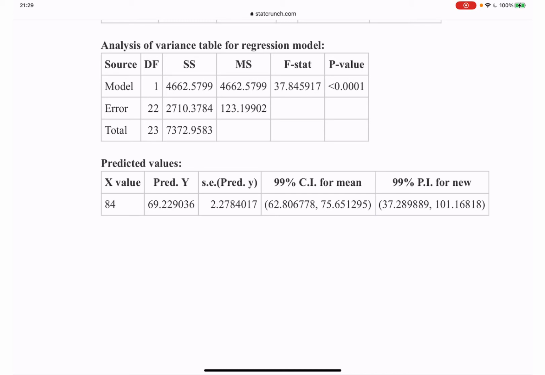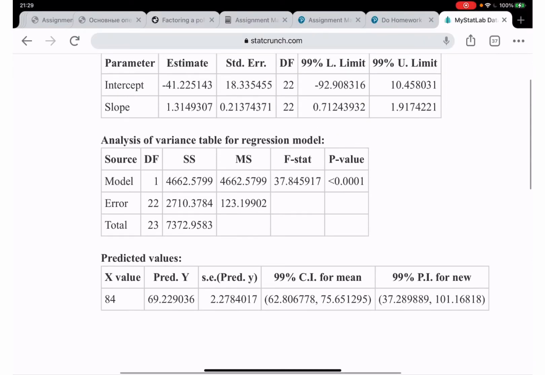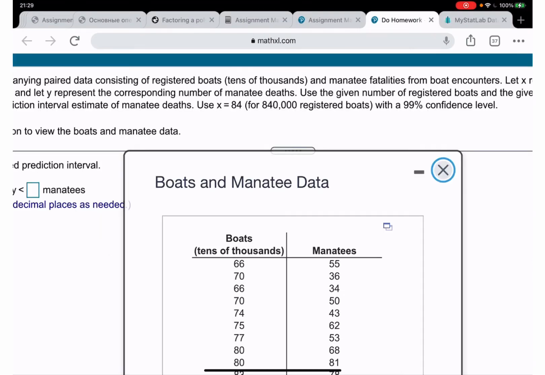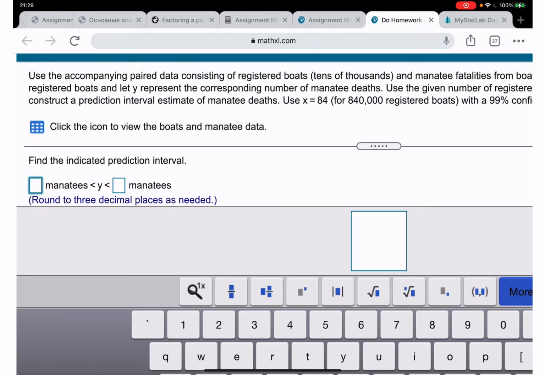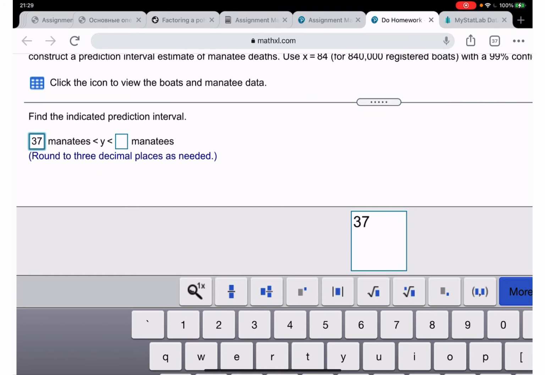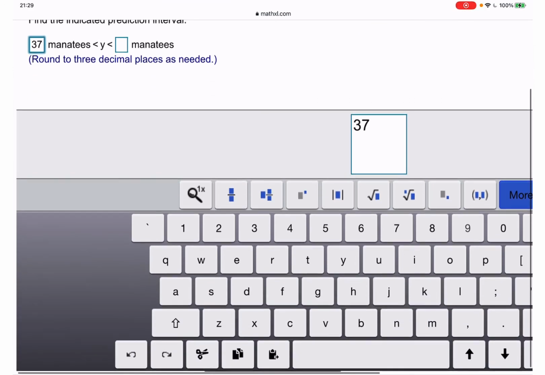37.28 and 101.17. Okay. So let's write down. It's going to be 37.28 and 101.17.